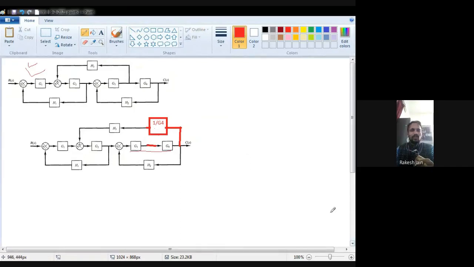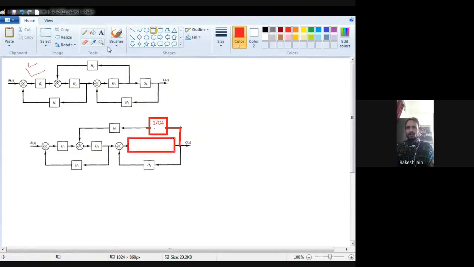Okay. Now we solve this second rule. Now we are going to solve this one, or otherwise you can solve this one. Now the two blocks are in cascade. This G3 and G4 block are in cascade. So we know the first rule is that whenever blocks are in cascade, we multiply the gain of those blocks.